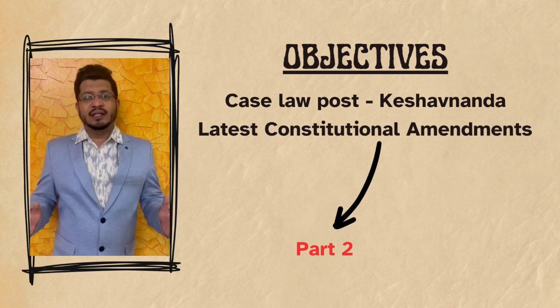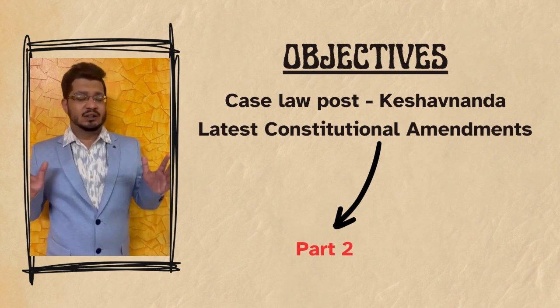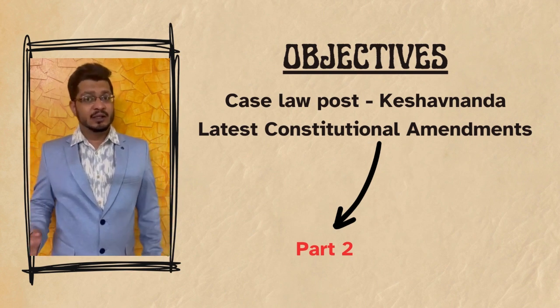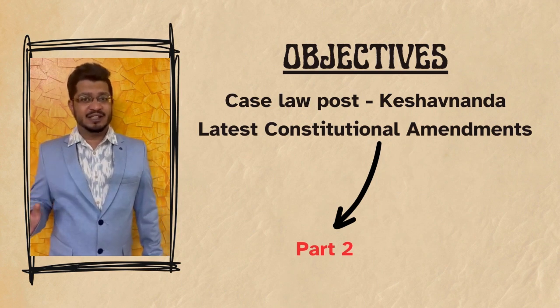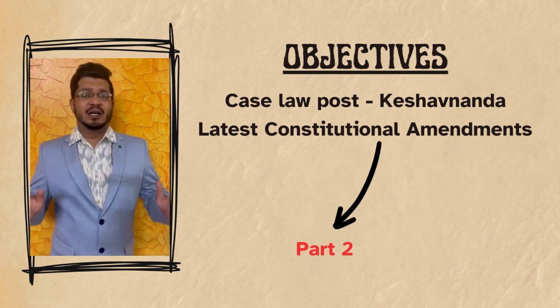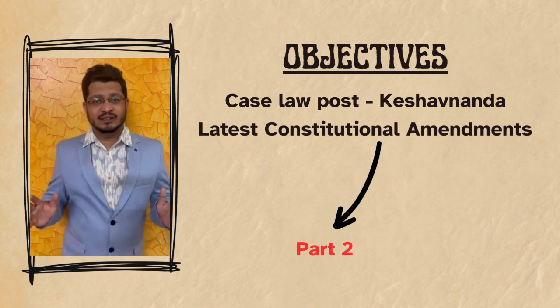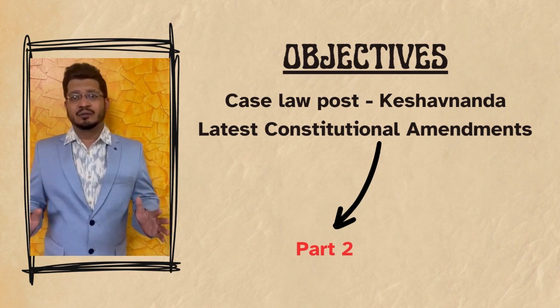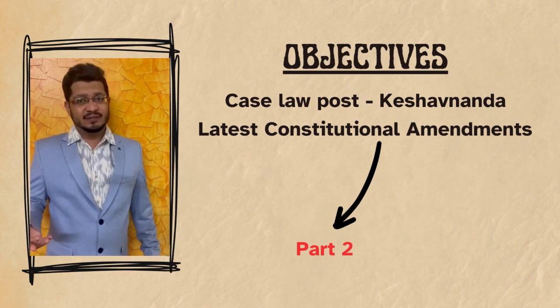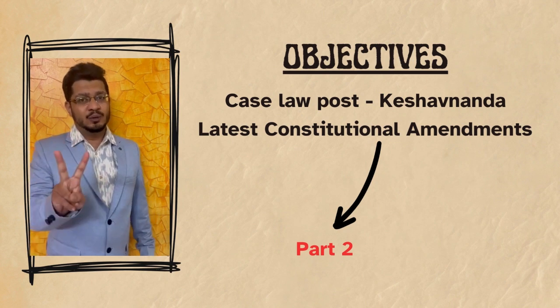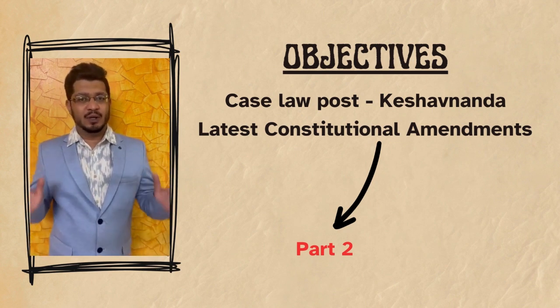Therefore, we shall discuss the latest constitutional amendments including the abrogation of the special status of Jammu and Kashmir and introduction of the goods and service tax, that is the GST, along with the case law post the Keshavananda Bharati case in part 2 of this lecture, which will be uploaded shortly.